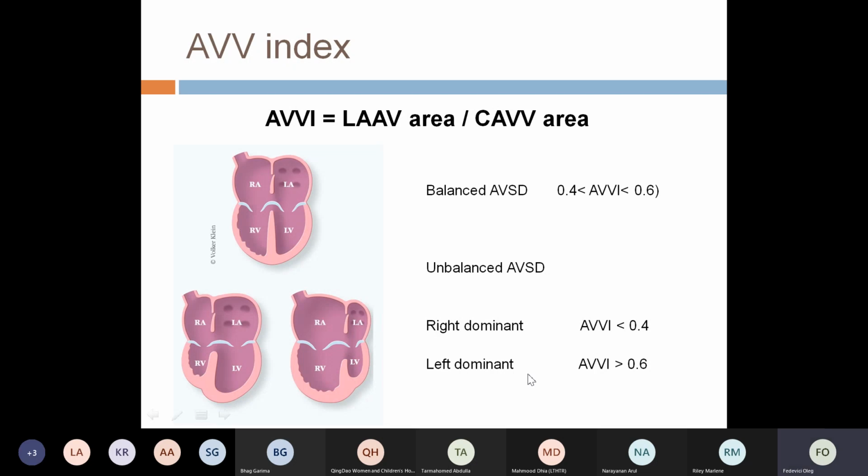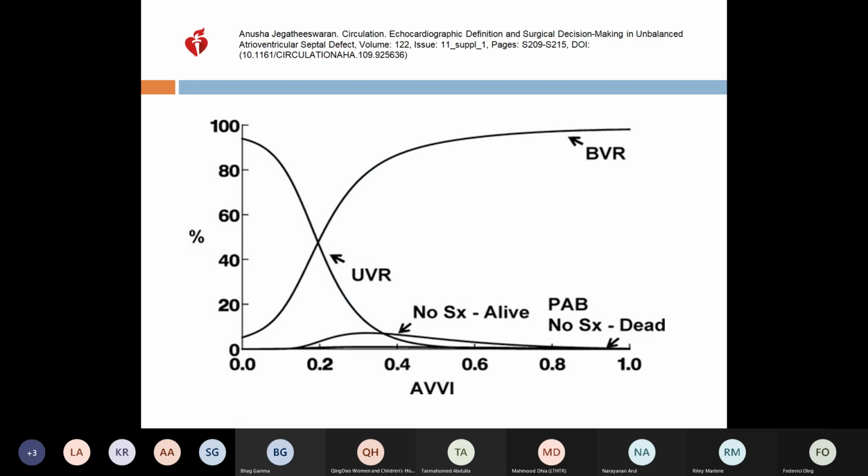They've got about 300 patients overall, and they chose different options on the basis of this index. And you can see it's quite easy to decide when it's balanced, and most patients went for biventricular repair in this group, and it's easy to decide when it's less than 0.2.